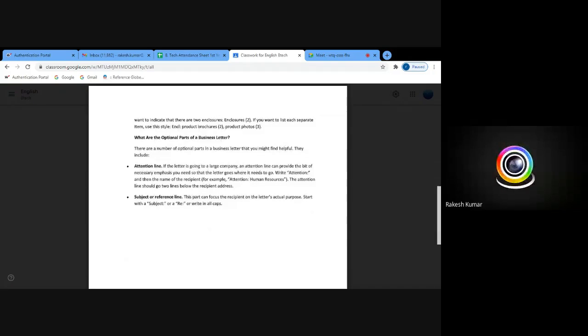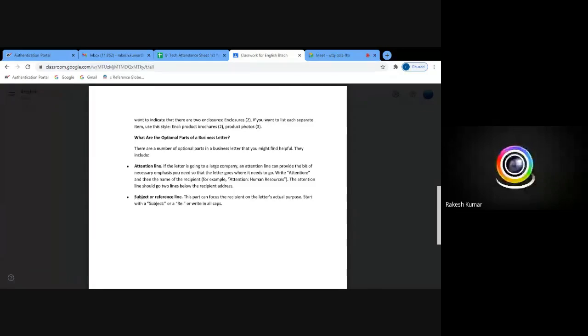Now, what are the optional parts of a business letter? They are saying the attention line, and the subject or reference line. That is the optional part of a business letter. As I've told you, some people say that there are more parts, but they are saying which are necessary, which you should definitely write.